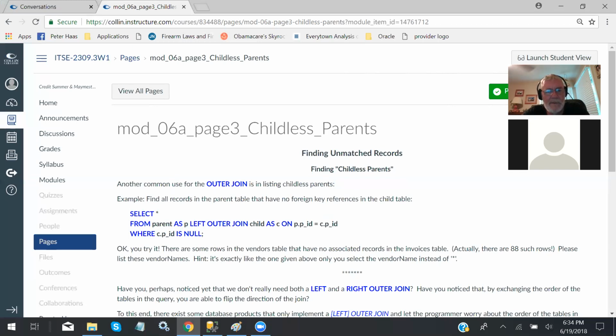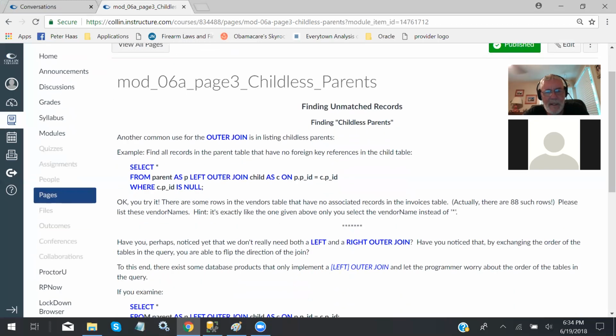Another common use for the outer join is listing childless parents. I've already talked about that. There are some rows in the vendors table that have no invoices. Actually, there are 88 or 89 such rows.